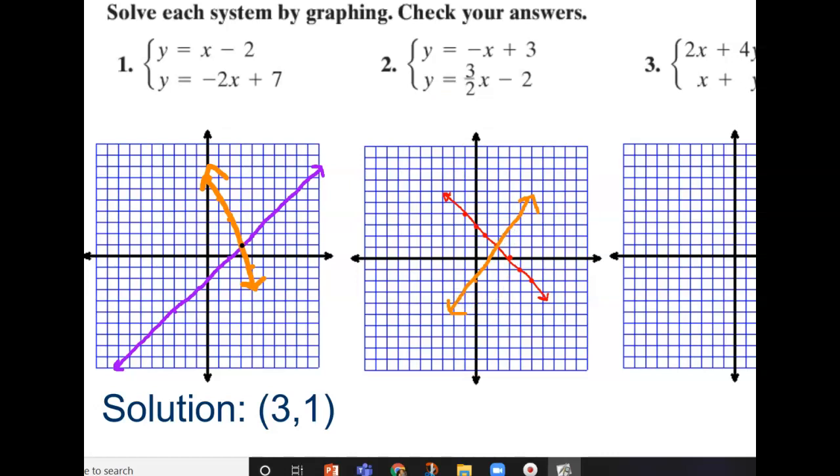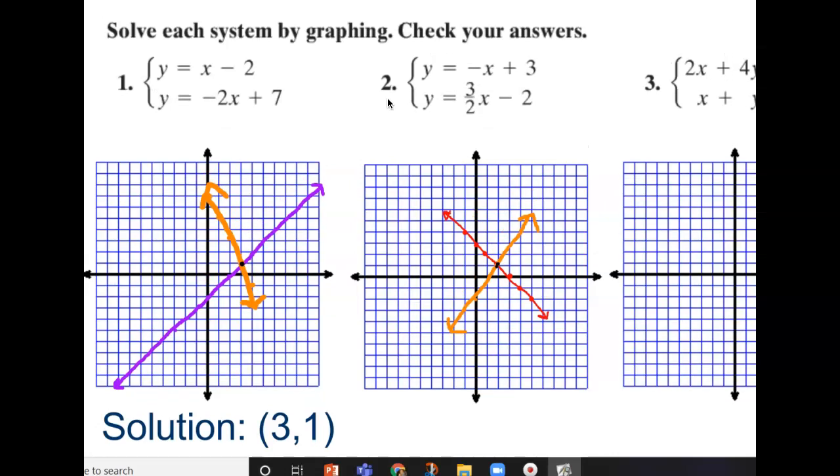That point of intersection represents the solution. So the solution is that point of intersection right there. Or in this case, solution is what? It would be (2, 1). You always list the x coordinate first and then the y.